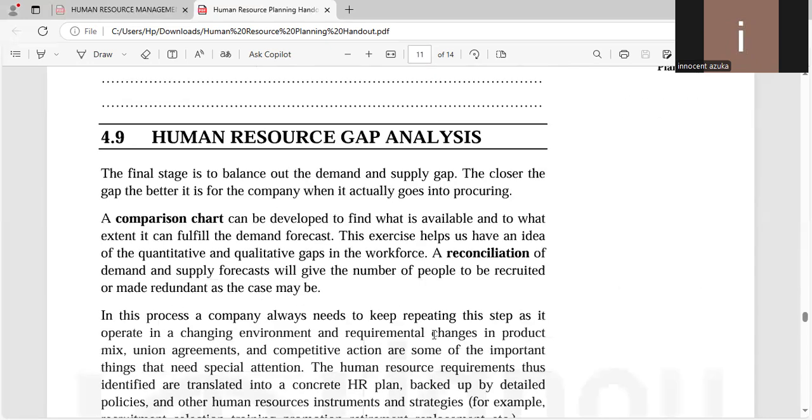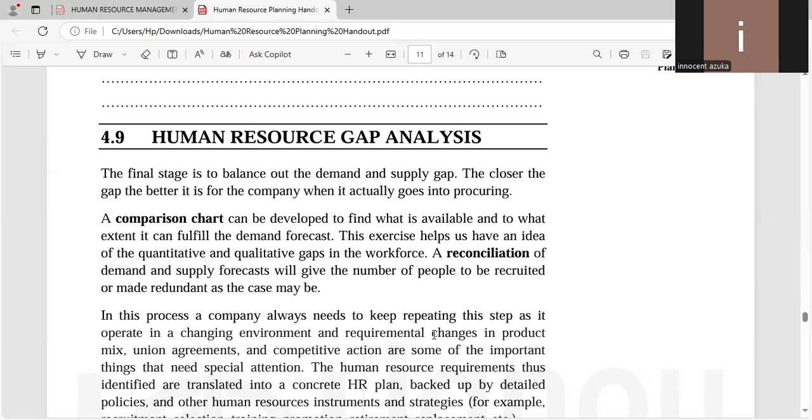So the gap analysis, human resource gap analysis. The final stage is to balance out demand and supply gaps. The closer the gaps, the better it is for the company. It actually goes into procurement.